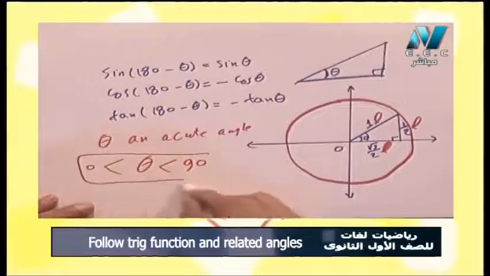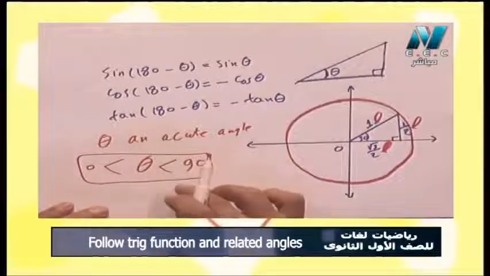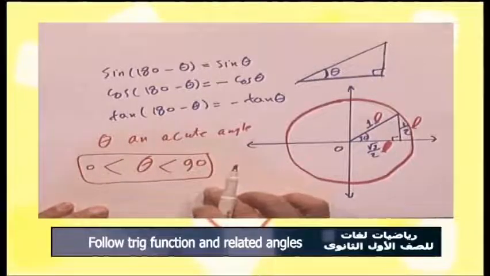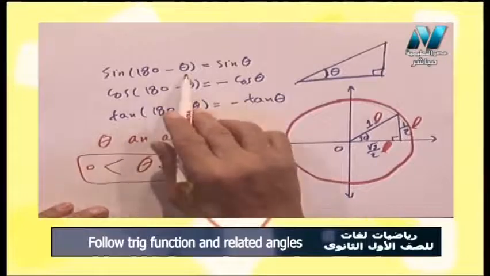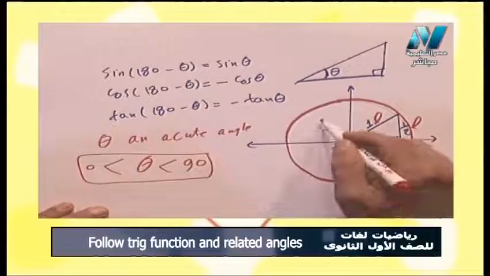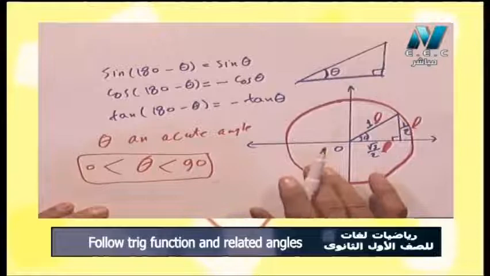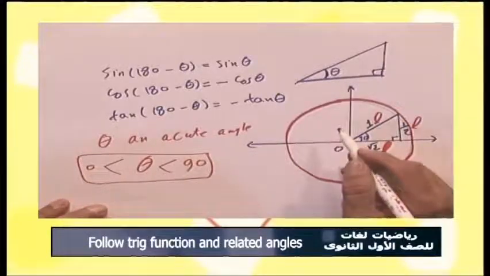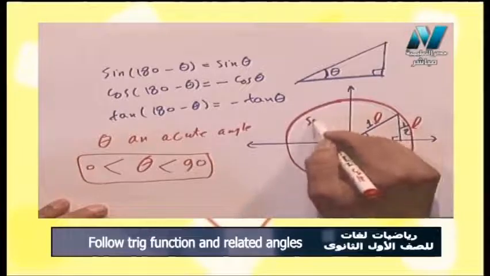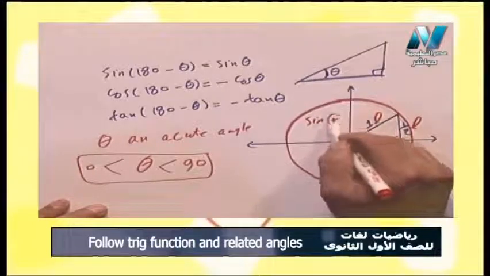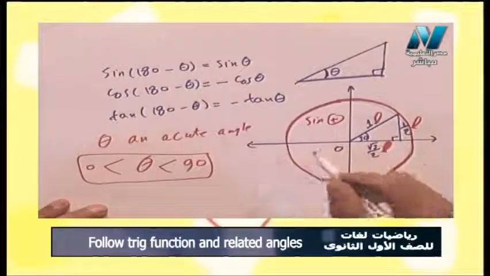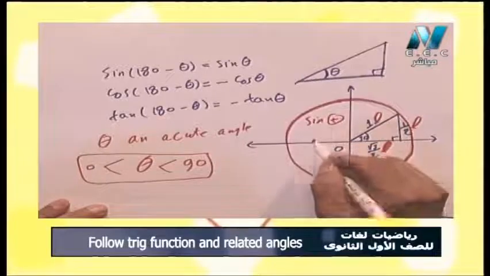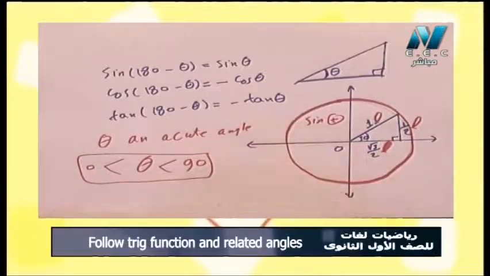So do not forget that we deal with theta as an acute angle here. So 180 minus theta will always be in the second quadrant, not in the third or fourth. Okay? And remember that in the second quadrant, sine is positive, cosine is negative, and tan will be negative. Okay?